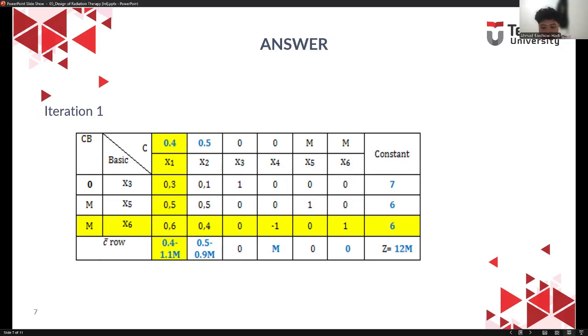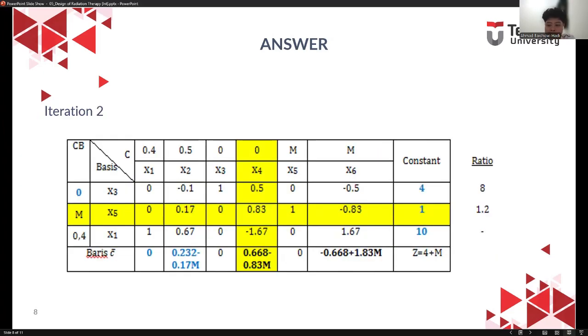Beam 1, x1, gives us the largest improvement, so it enters the basis first. After updating the table, the new solution shows improvement in the objective function.